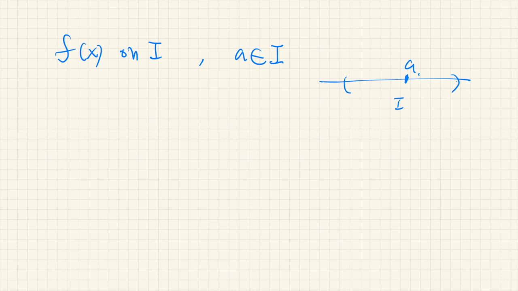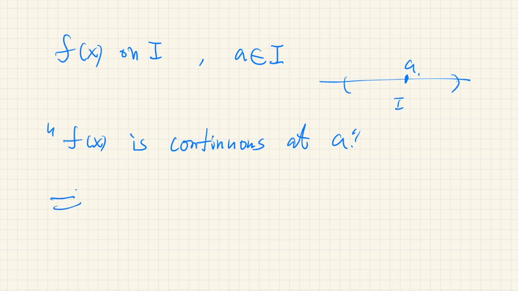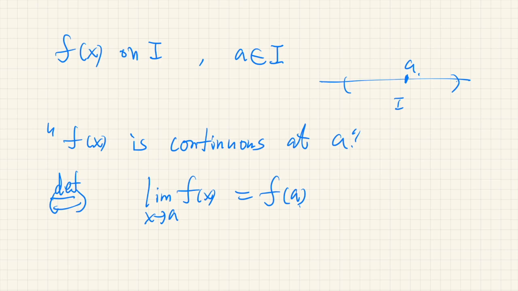And we say f(x) is continuous at a. This means, by definition, the limit of f(x) as x goes to a is equal to f(a). By assumption this a is within the domain of this function, so this is defined.